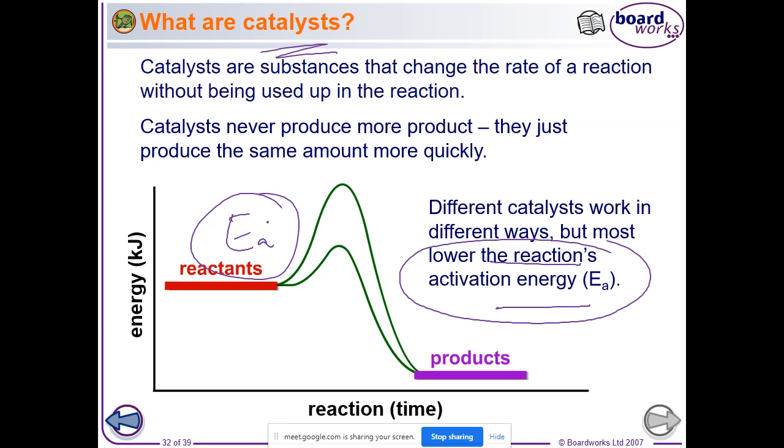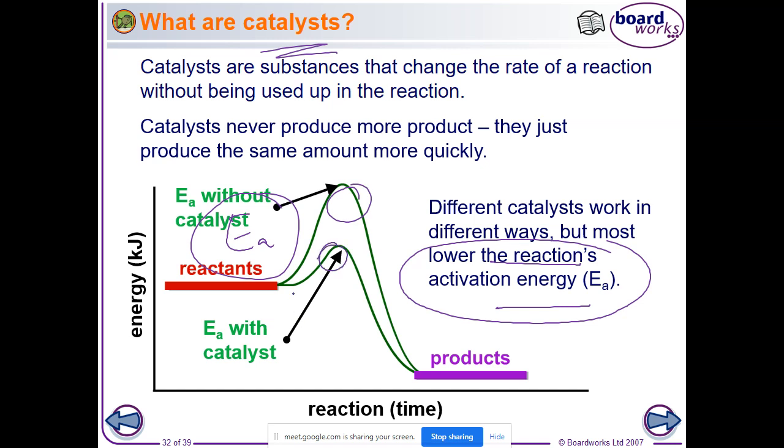Any doubt here? Sure. So EA without catalyst is high. EA with catalyst has come down, right? Activation energy now is lower. Clear?